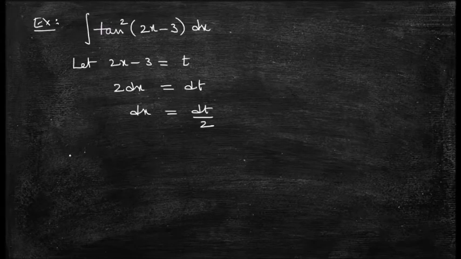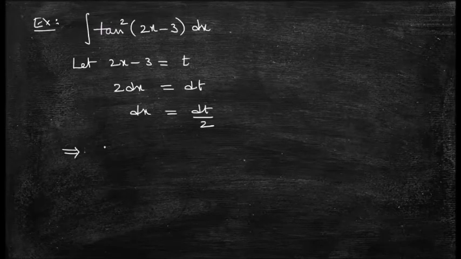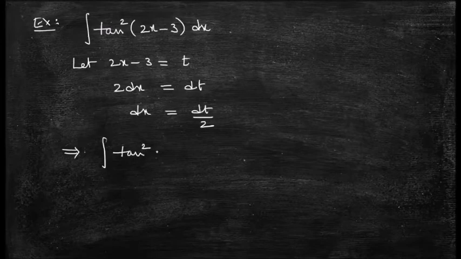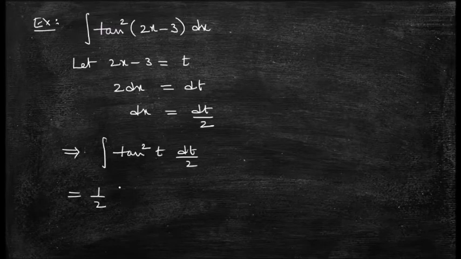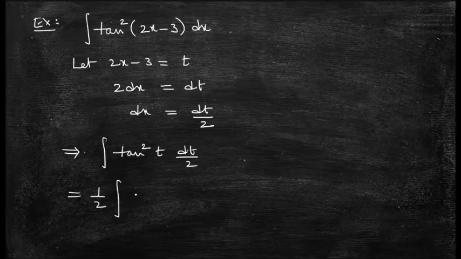So as per this, when I substitute, integration of tan square t dt by 2. So this 2 can be taken out. Integration of tan square, we don't have direct integration.